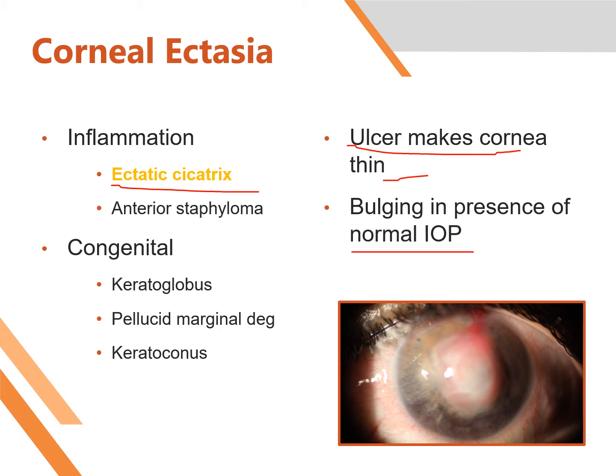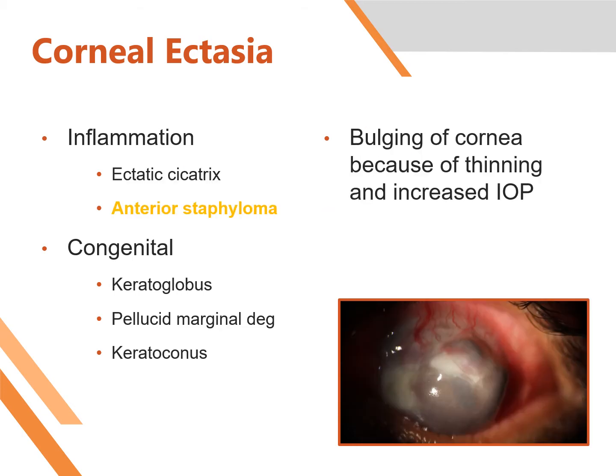Second is anterior staphyloma, which is bulging of the cornea that you can see here, because of thinning and increased intraocular pressure. So in staphyloma, usually the intraocular pressure is high, while in ectatic cicatrix, the intraocular pressure is normal.